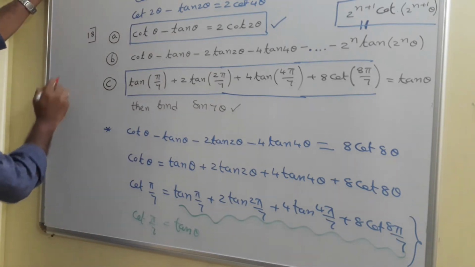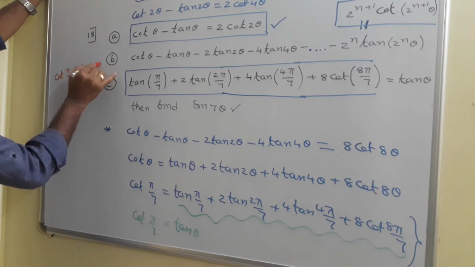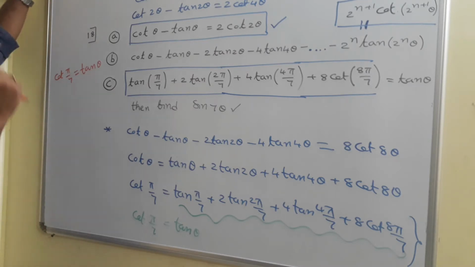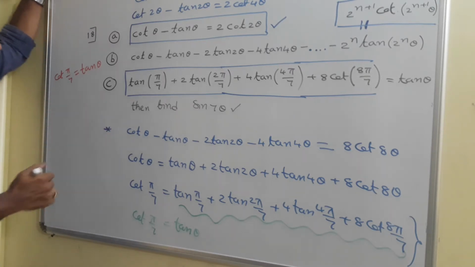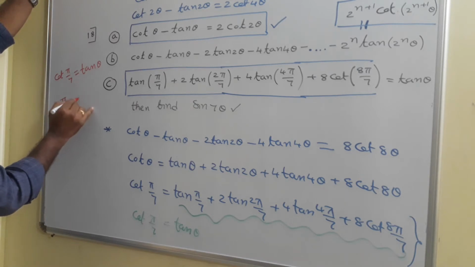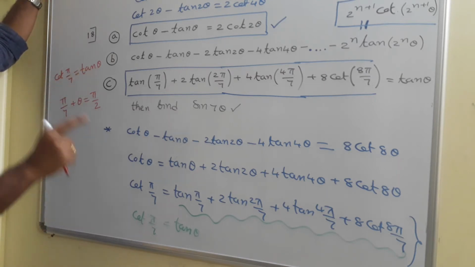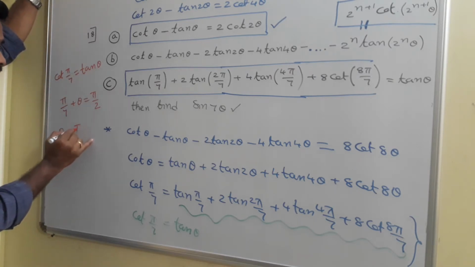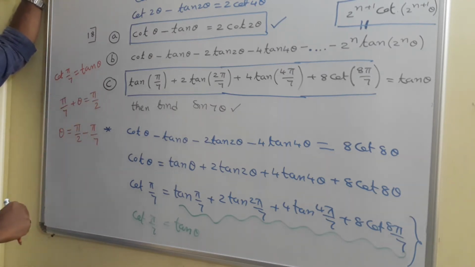Now, what I have in my hands: cot(π/7) is equal to tan θ. Cot α is equal to tan β if the sum of those two angles is 90 degrees. So π/7 plus θ is equal to π/2, and from there θ is equal to π/2 minus π/7. Okay, and if you simplify it, see what will happen?